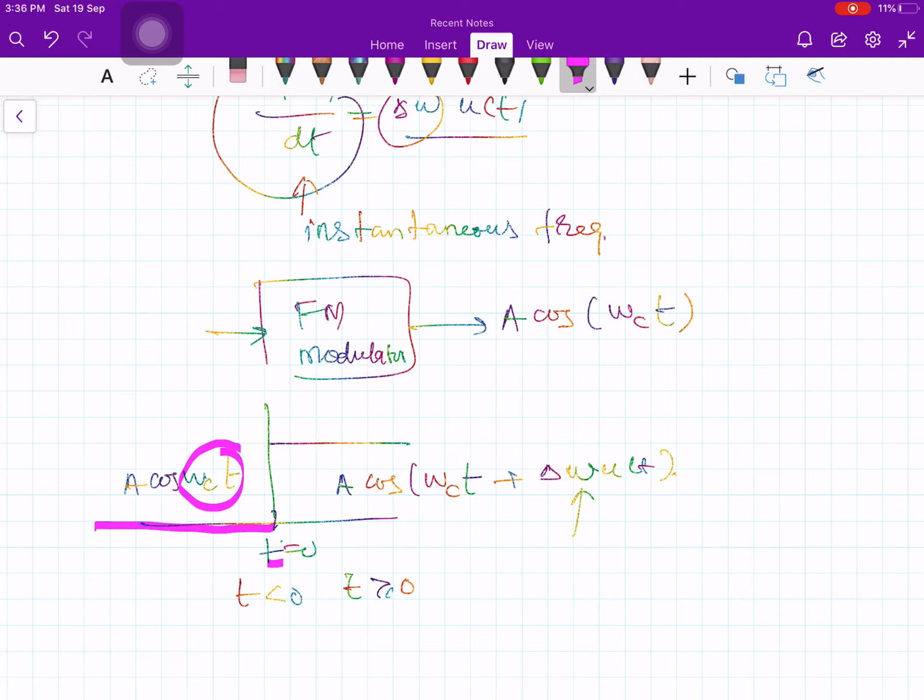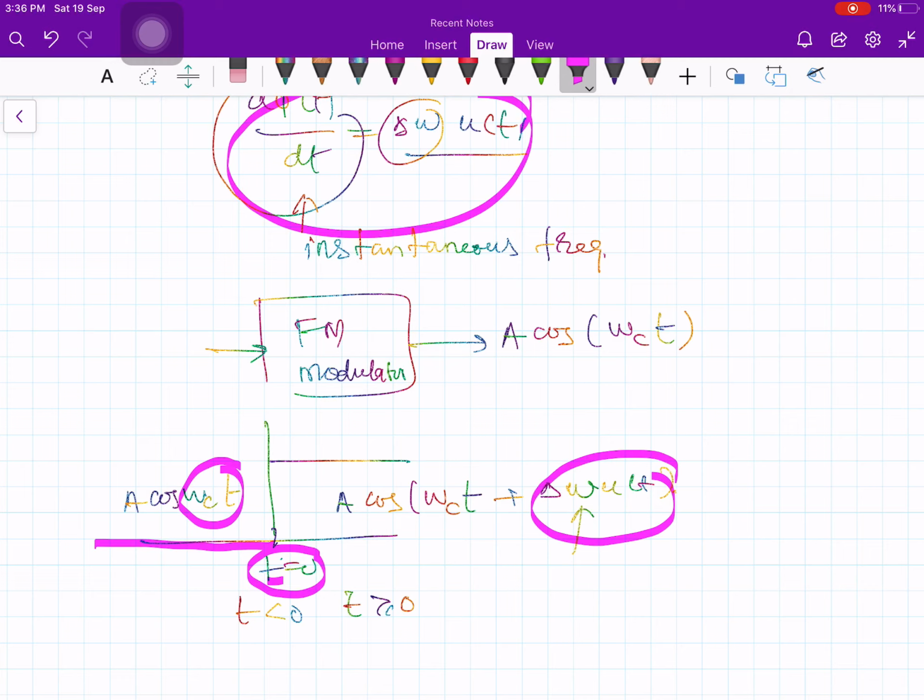So that is equivalent to m of t being a step function. So you are producing a step change in the input signal. You take your m of t to be a unit step function such that this change in amplitude of the input to the modulator produces a frequency deviation of delta f.